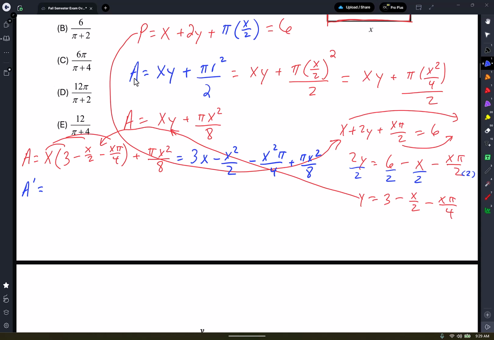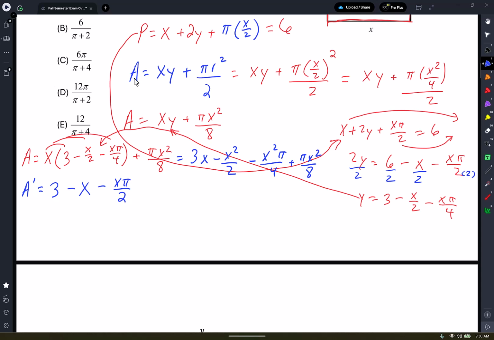What's the derivative of 3x? 3 minus, what's the derivative of x squared over 2? Which is just going to be negative x. Minus, when I take the derivative, pi over 4 is a constant. So when I take the derivative of x squared pi over 4, that's going to be 2x pi over 4, which is x pi over 2.